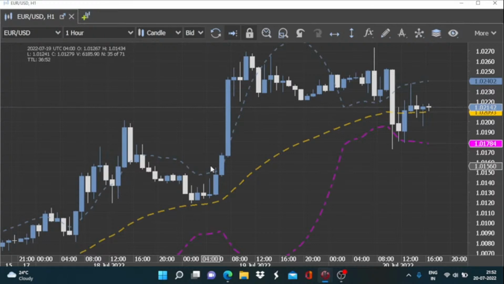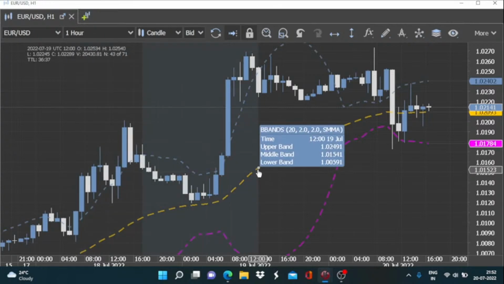So I would suggest that you try it out on your own and you will get a better idea if you see how it reacts in the live market. And once you get used to it, you will be in a position to take informed trading decisions with the help of this tool, the Bollinger Band, and that is the whole purpose of this session.